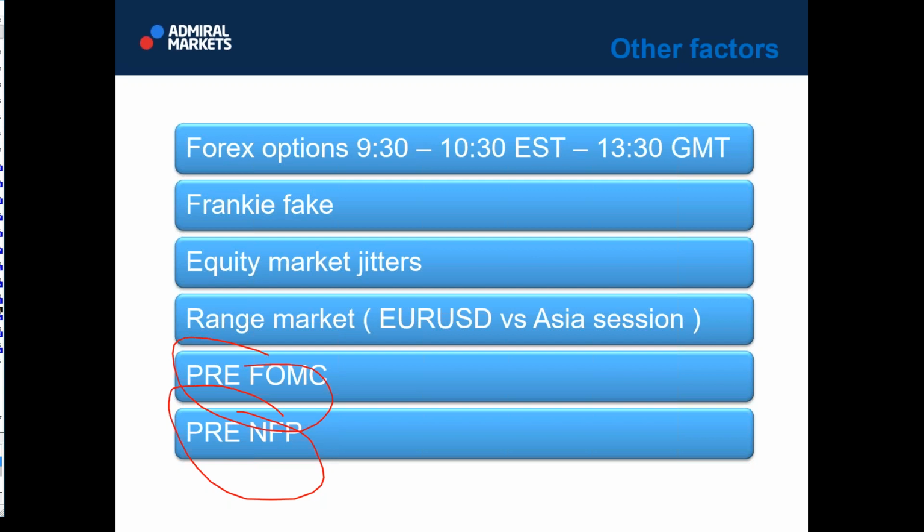What you need for scalping is movement. So if you see that the market is moving, and the market will be moving during Frankfurt, during, I don't know, the Tokyo session, definitely you might scalp.